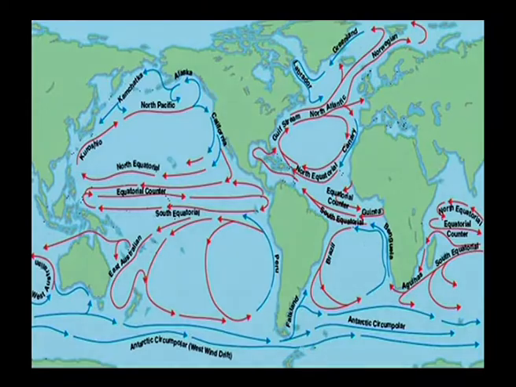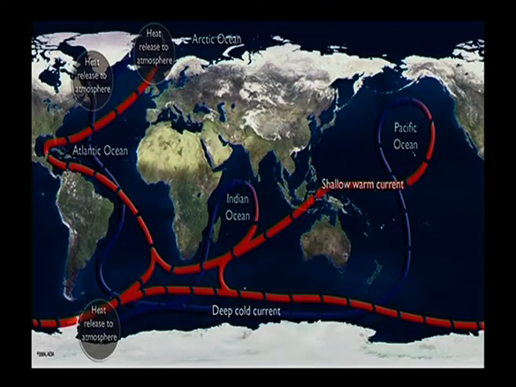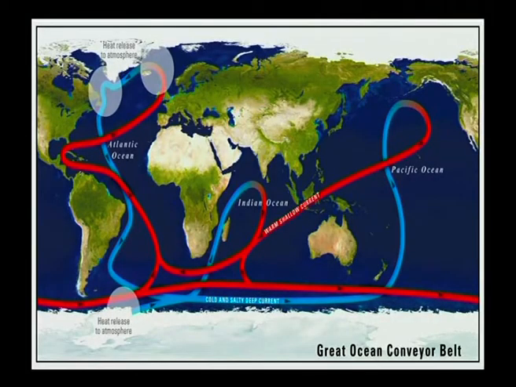Currents can be at the surface or deep below, and the phenomena that create them can be simple or quite complex. Simply put, currents are water masses in motion. Huge current systems dominate the surfaces of the major oceans.